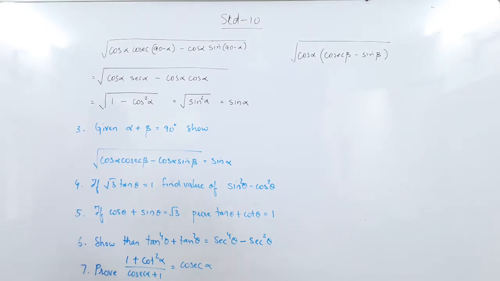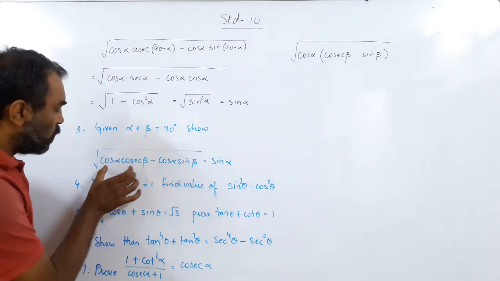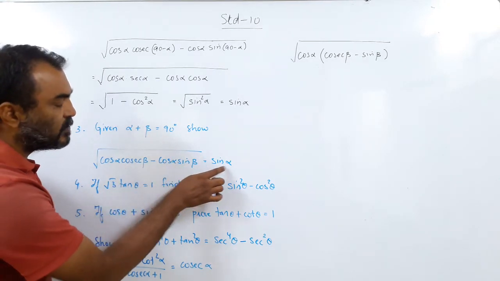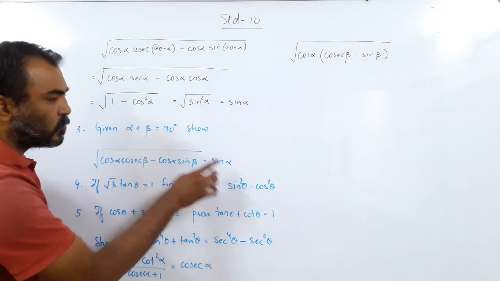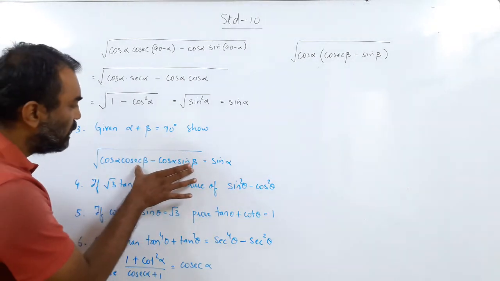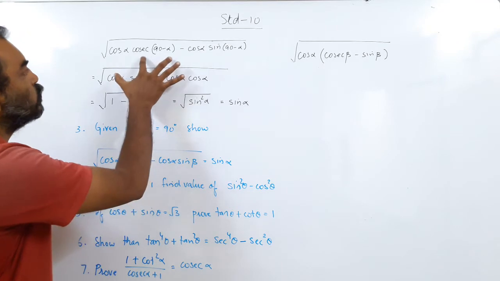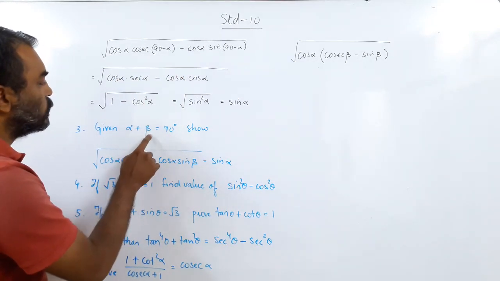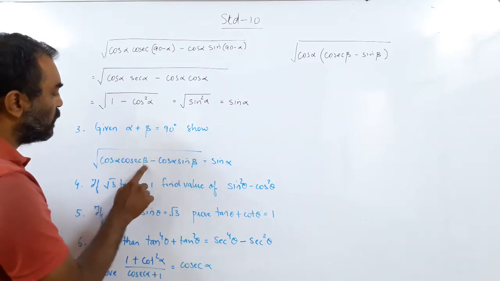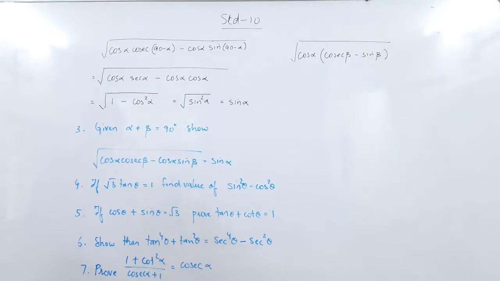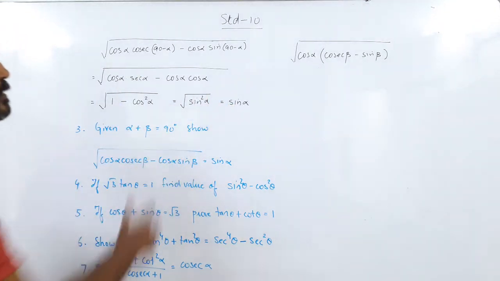This sum has both alpha and beta, but the answer is in alpha. So the common sense approach would be to convert these betas into alpha. That is what we did. Alpha plus beta is 90, so beta equals 90 minus alpha. We made the whole sum into alpha and got the answer.